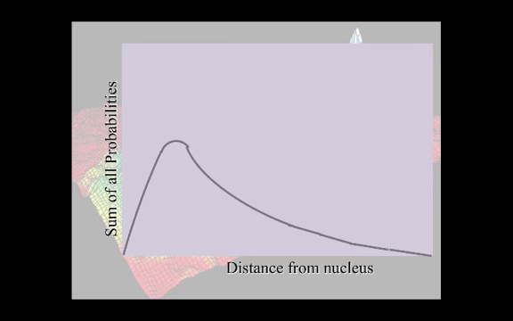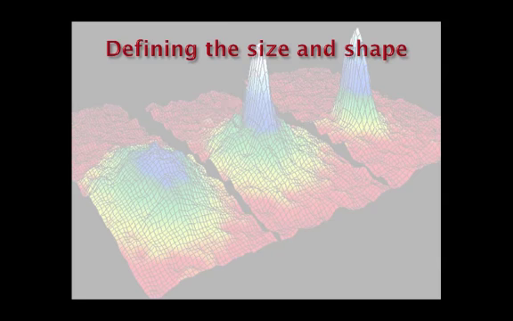And if we take the sum of all of the probabilities for all of the antinodes, all of the allowed positions, then we get a graph that looks something like this, where this peak here, this little bump, describes the most likely place to find an electron. So for different energy levels, we would get different locations that are more likely than others. Let's have a look at that.